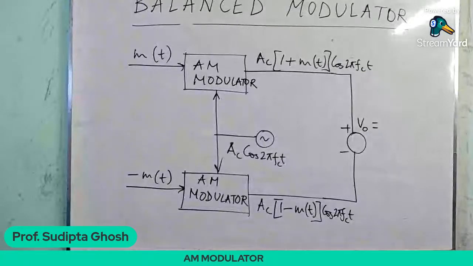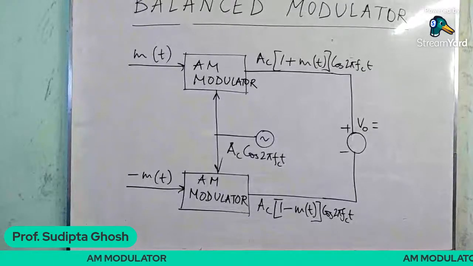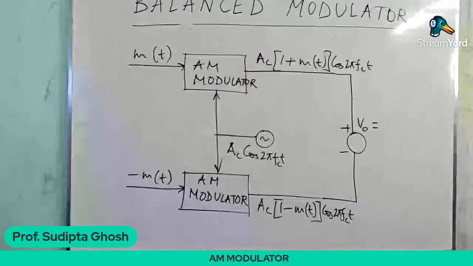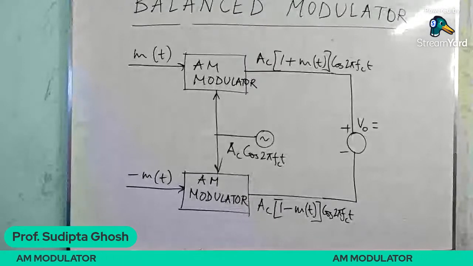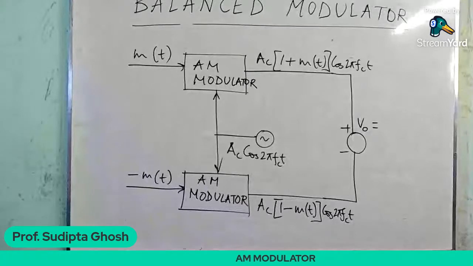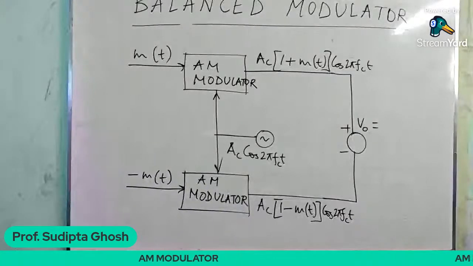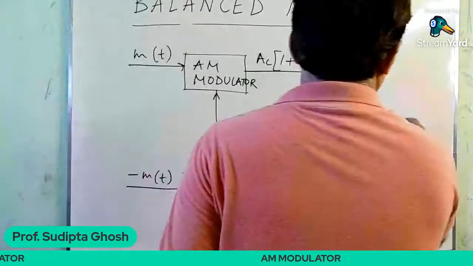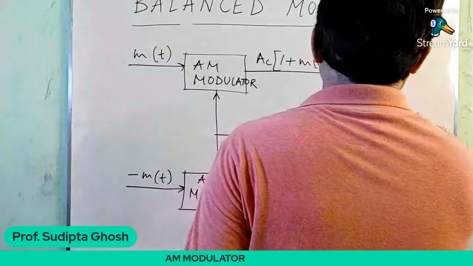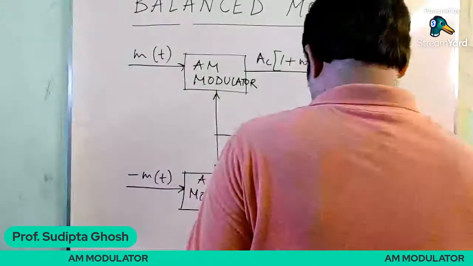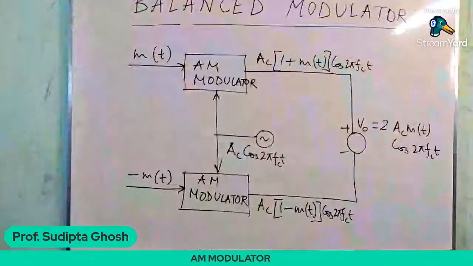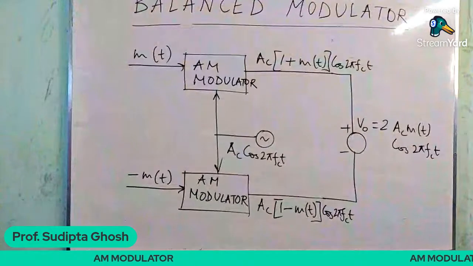So the output of the balanced modulator contains the two sidebands and other unwanted frequency components. These unwanted components are tuned out by the output transformer, and that gives us twice Ac m(t) cos 2 pi fc t.